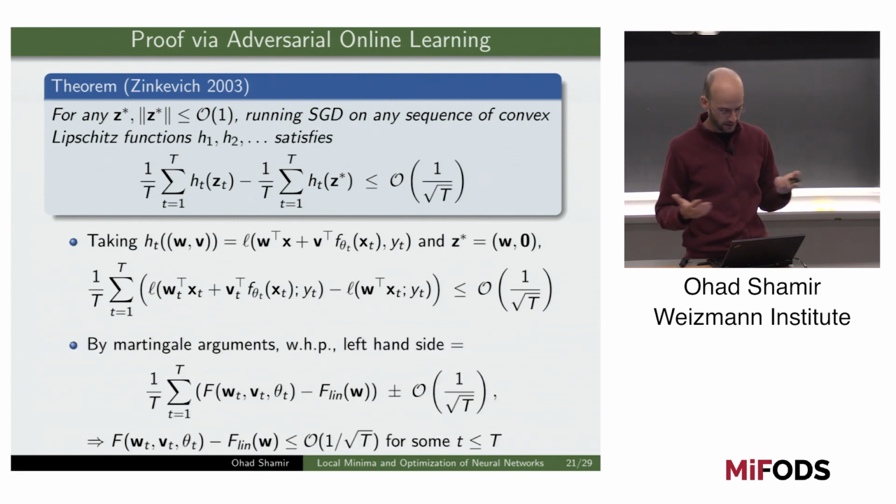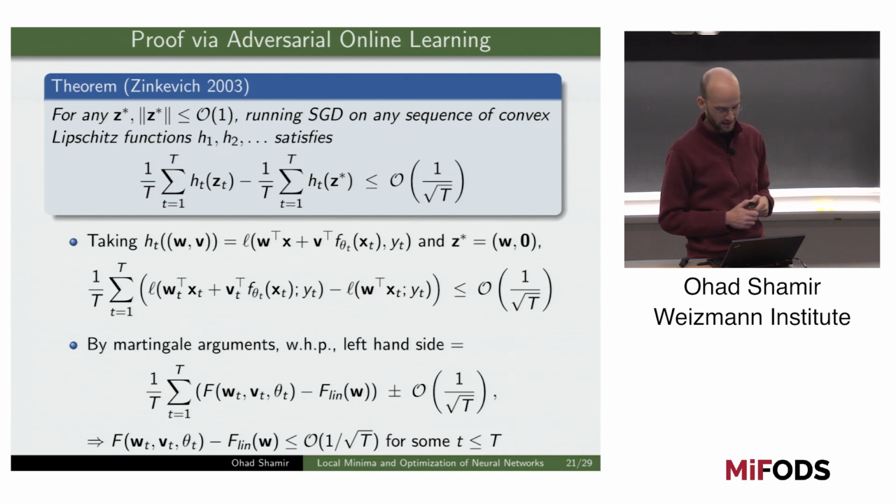And now it's just a matter of using pretty standard martingale arguments to say that each time in our setting xt, yt is an IID example. So the left-hand side would equal essentially the expectation over the xt's, yt's.